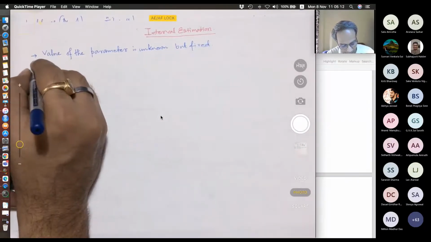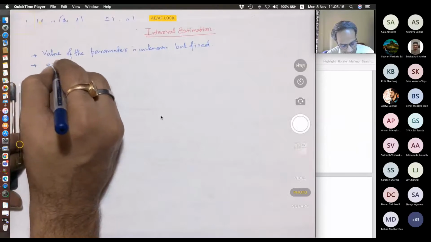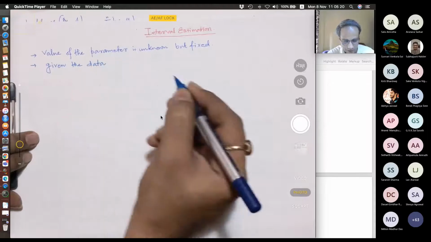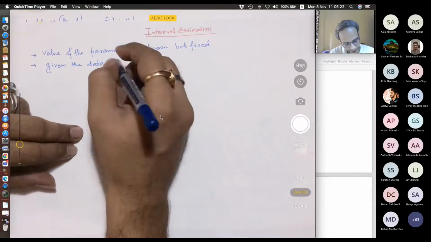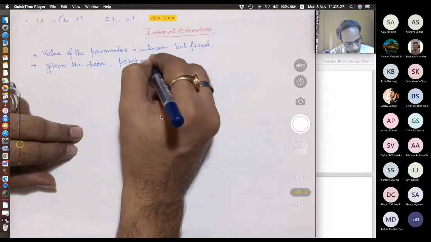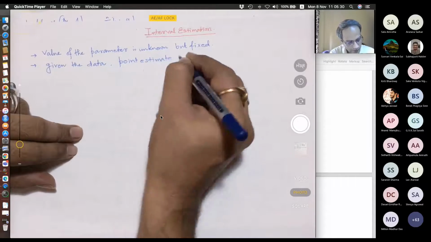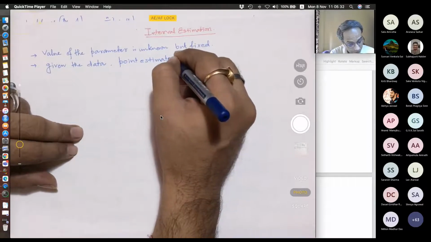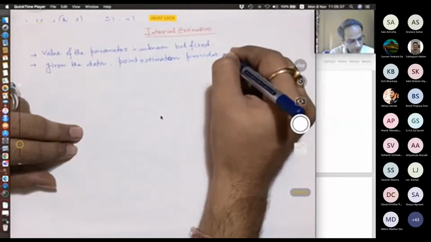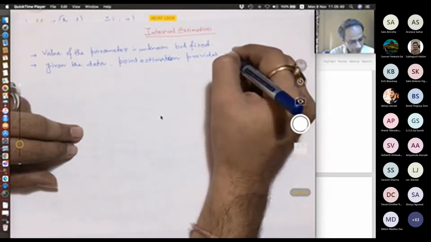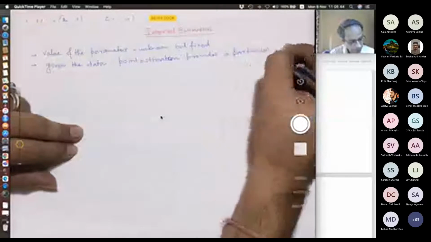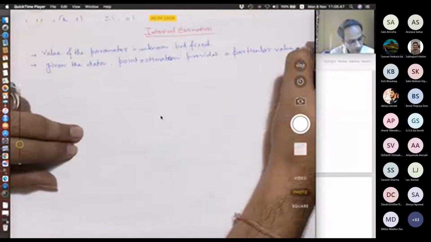Then, given the data, point estimation provides a particular value for the same.